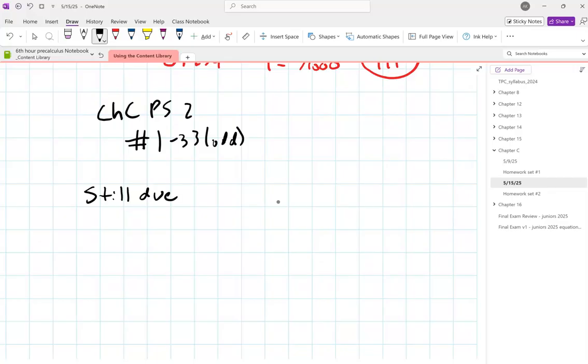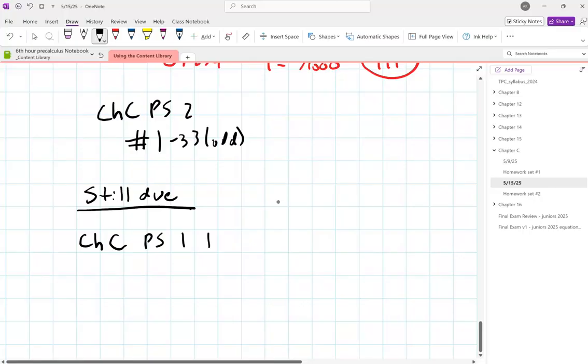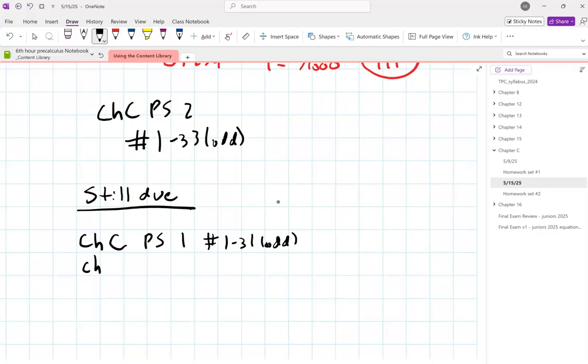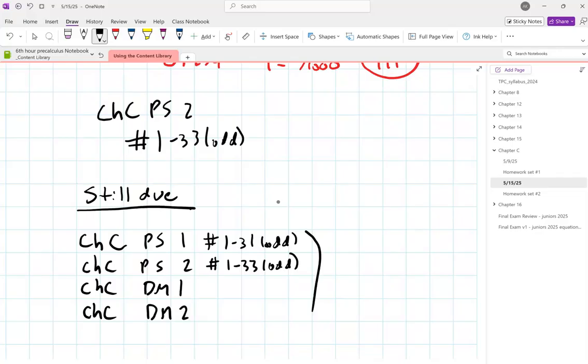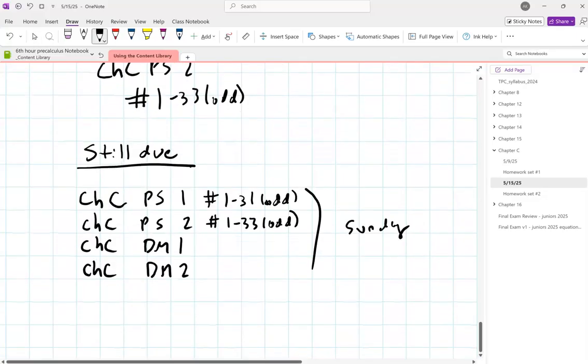At this point, what are the things that we still have to do that I haven't checked in? So we have the homework from the first problem set from Chapter C. Now this second problem set from Chapter C, and then 2 delta maths from Chapter C. All of this I'm looking for on Sunday.